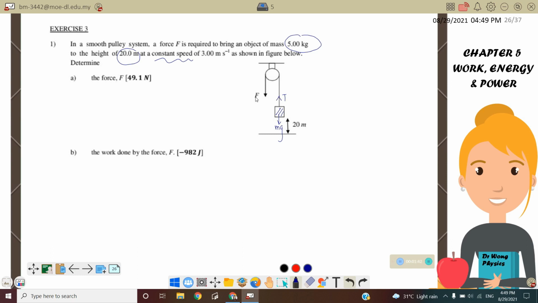Tension equals mg and our F equals T, so F equals mg, because constant speed means that V is constant, which gives a equals 0. So when velocity is constant and a equals 0, tension equals weight, and the external force equals tension.